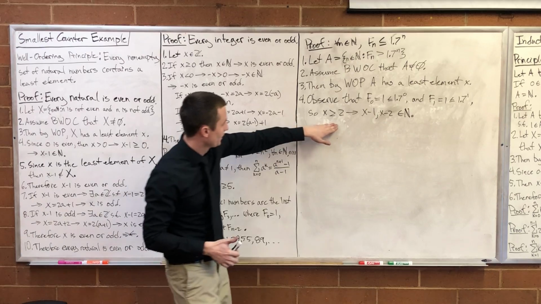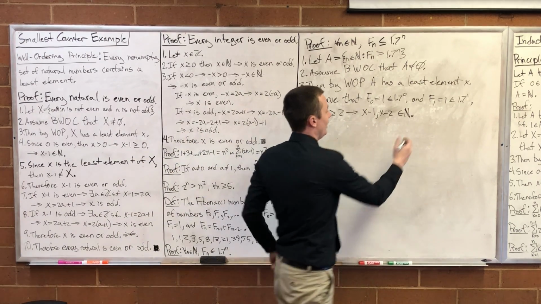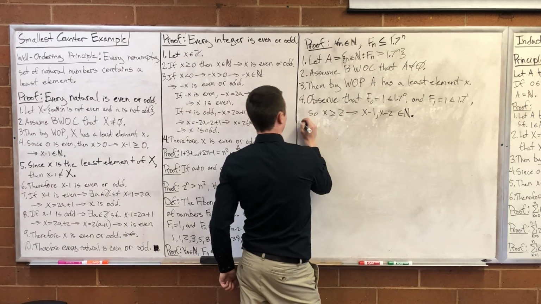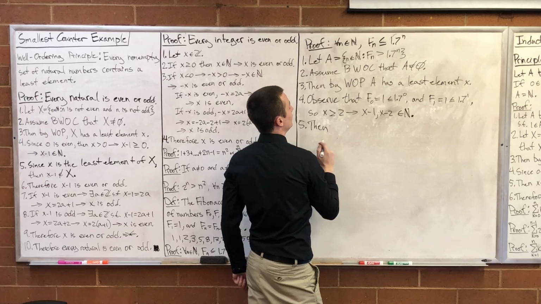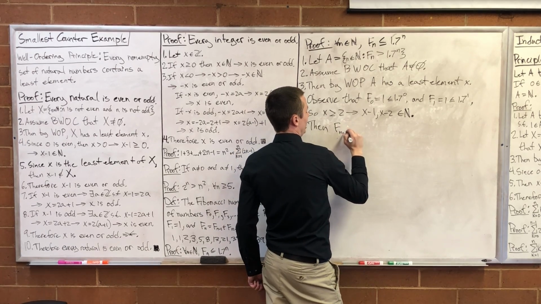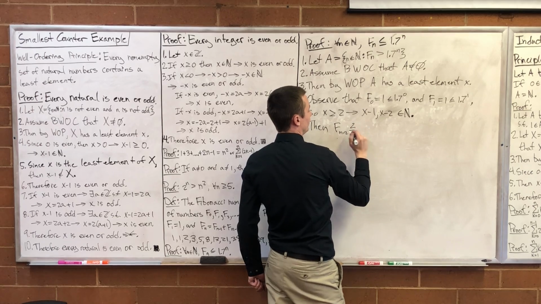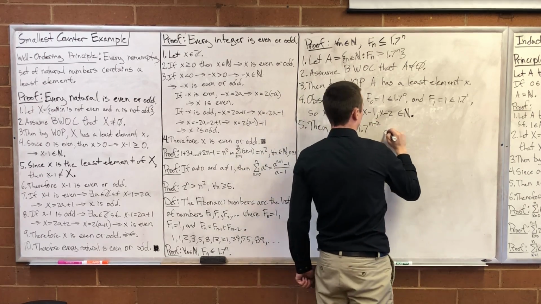So now we know that x minus 1 and x minus 2 are naturals, which means x minus 1 and x minus 2 make the statement true, right? Yes. Then f of x minus 2, we know, is less than or equal to 1.7 to the x minus 2.